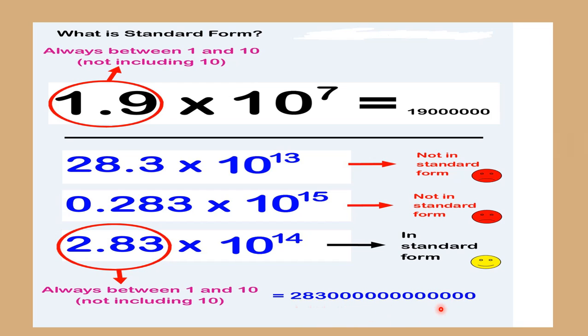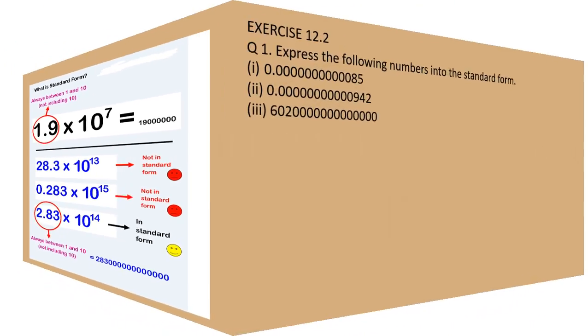This very large number we can express in the easiest and most convenient way using the exponent. So let's do the problems based on writing the standard form for very large and small numbers.